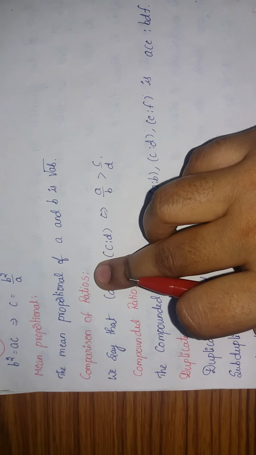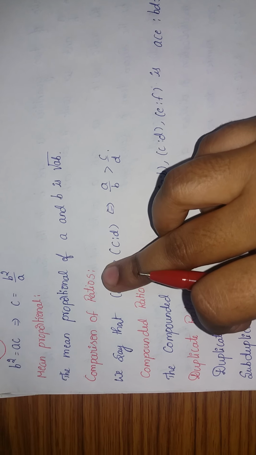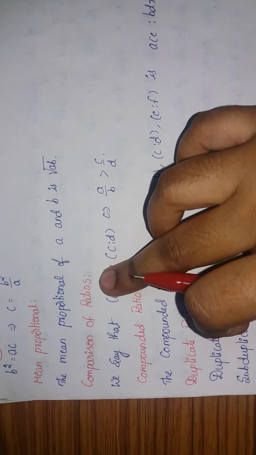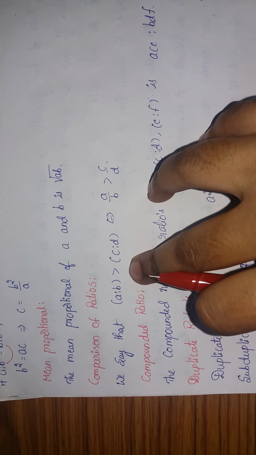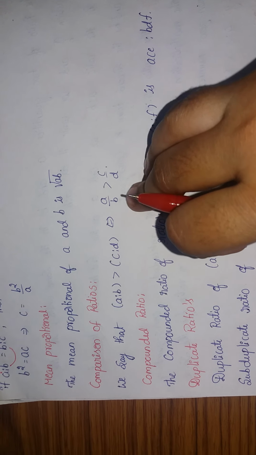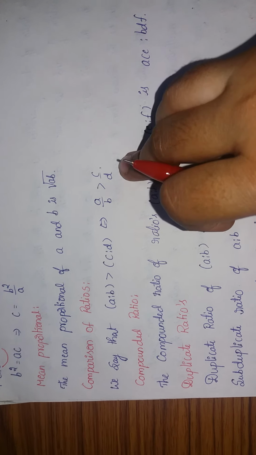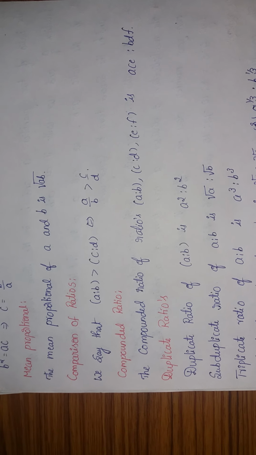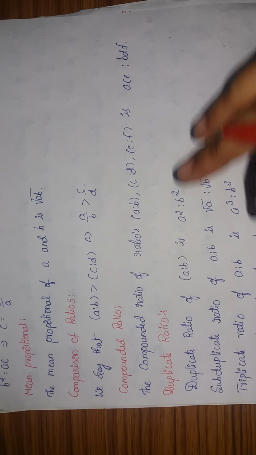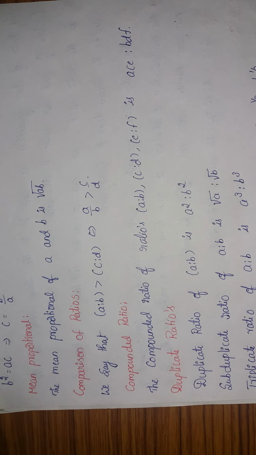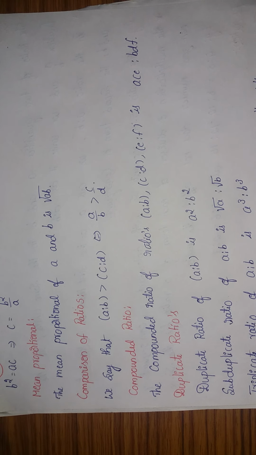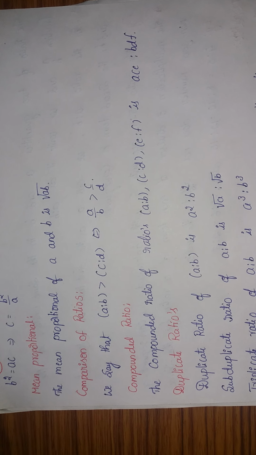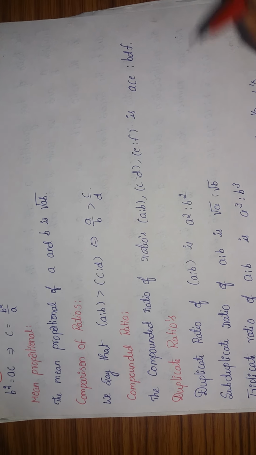Comparison of two ratios. We know that comparison is done by two symbols, less than and greater than. If A is to B is greater than C is to D, then A by B is greater than C by D. In the same way, less than also. Compounded ratio. If n number of ratios are given, then the product of antecedents is to the product of consequents.